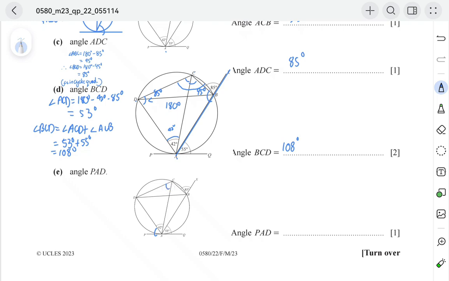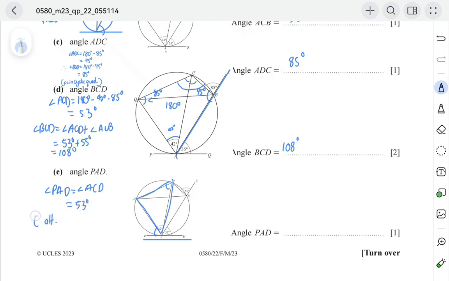As we know, this angle up here, this is the triangle, and this is the tangent. So we know that angle PAD is equal to angle ACD, which is equal to 53 degrees, by the alternate segment theorem.